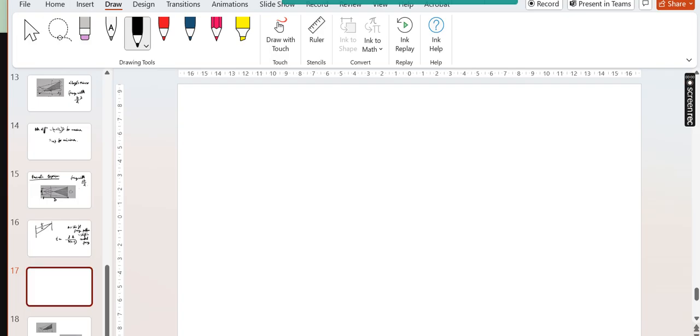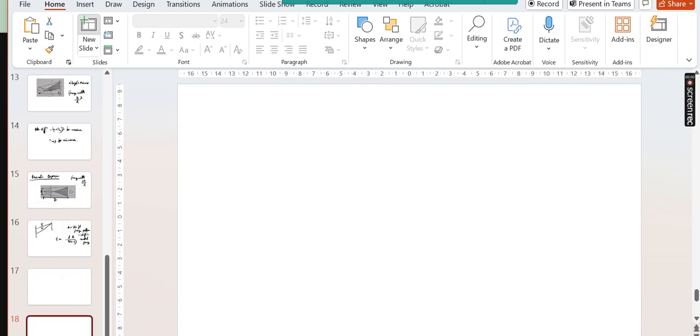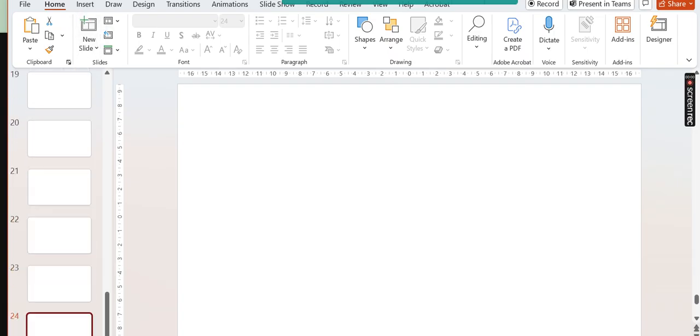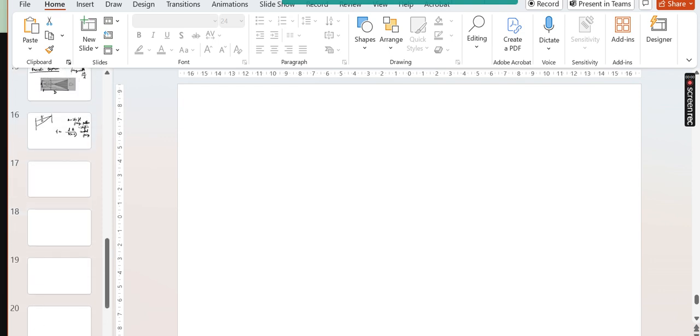Now we'll do some exercises on what will be the shape of fringes when two waves interfere.